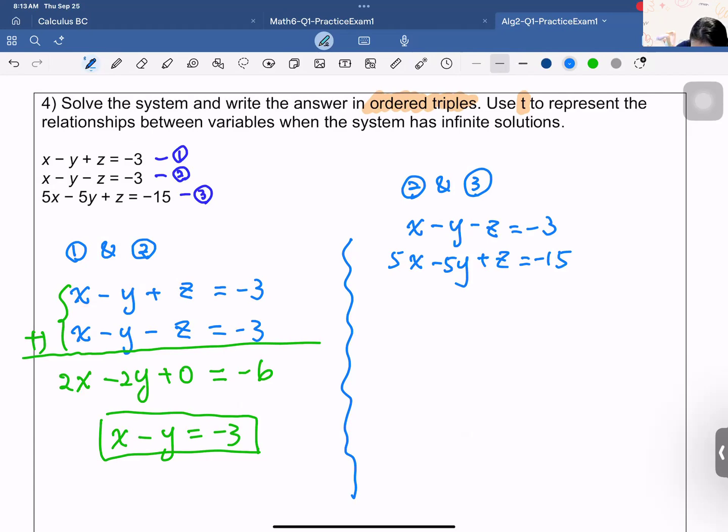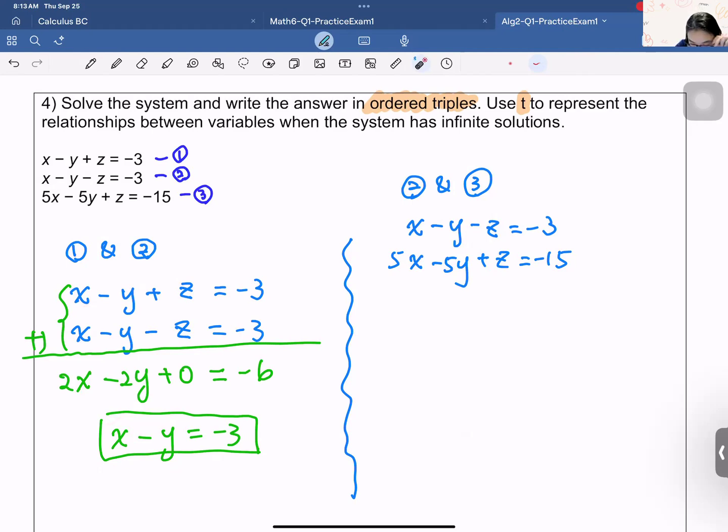So I compare the coefficients. Again, I have plus and minus, and I'm worried that if I do that, it's going to give me the same equation like this.